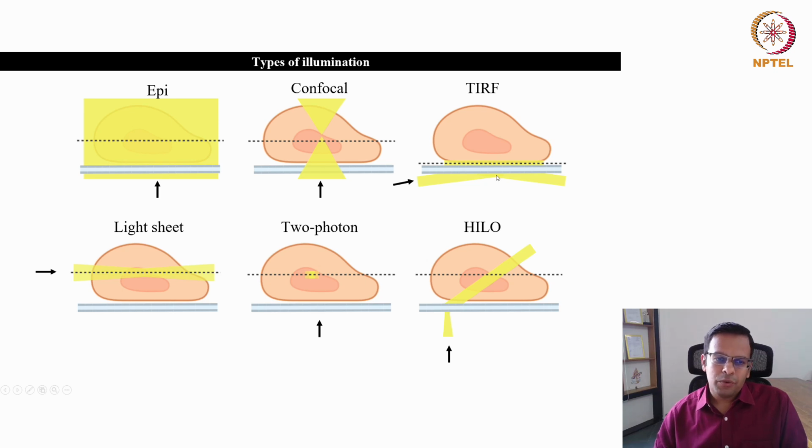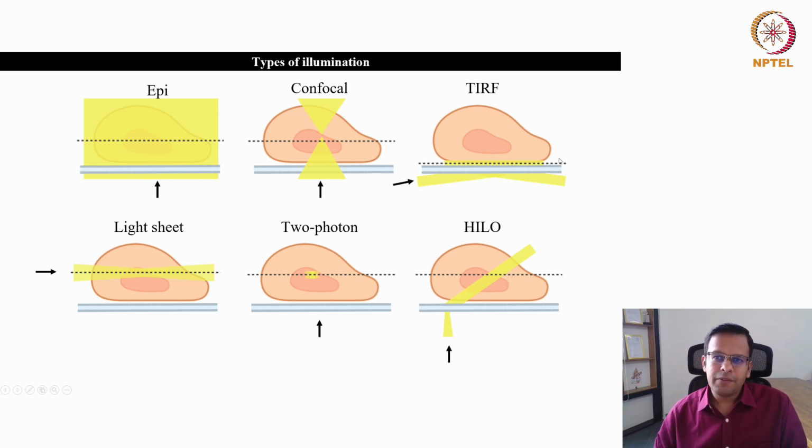But if you want to do imaging in really thick samples such as embryos or thick tissue samples, then light sheet and 2-photon illumination help, because they only illuminate your plane of imaging, that is the focal plane, and it avoids unnecessary photobleaching and photodamage in the planes above and below the focal plane. And HILO illumination is used for single molecule imaging and tracking in the cell nucleus or interior of the cells, because a thin sheet of light passes through the cell and it illuminates fluorescent molecules within the cells.